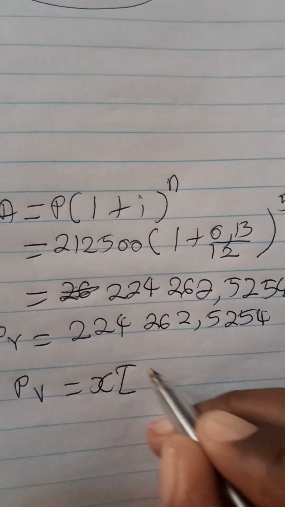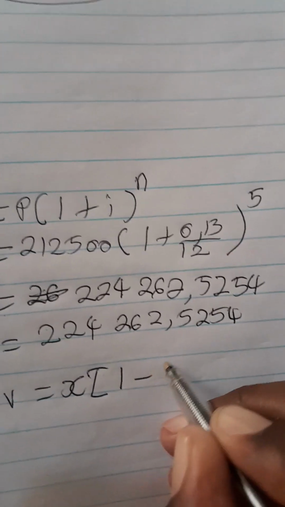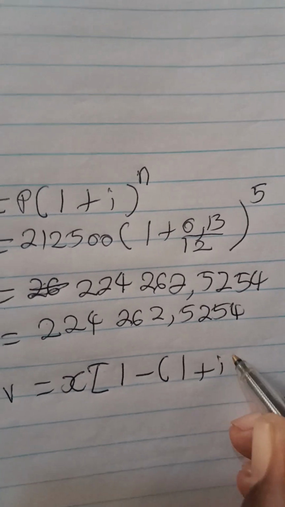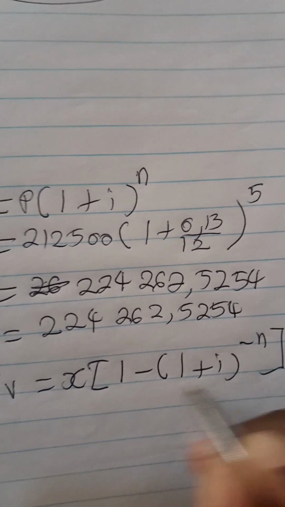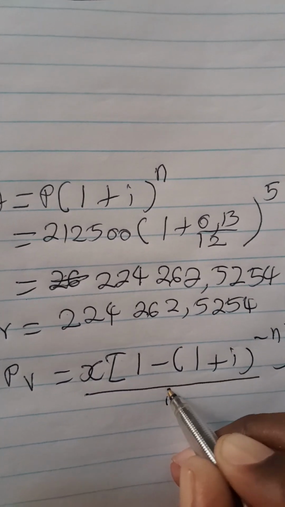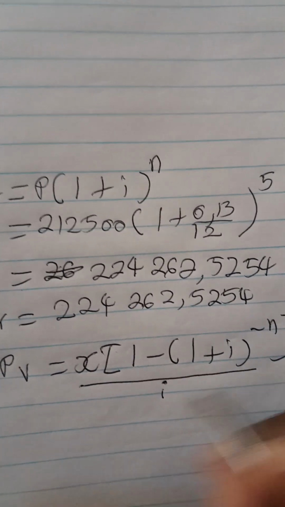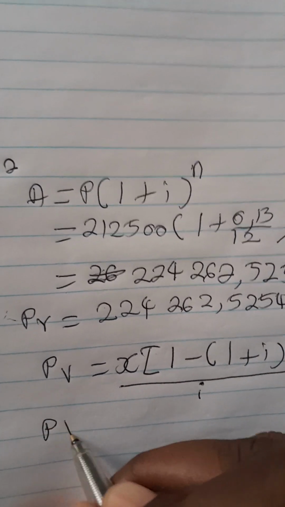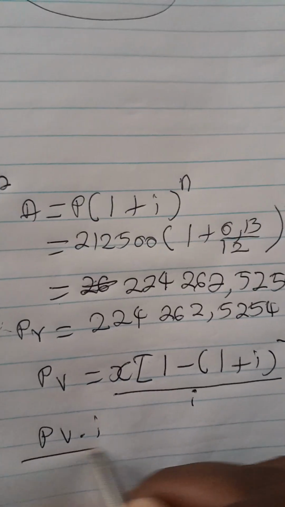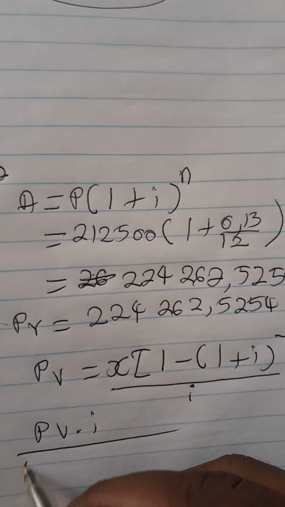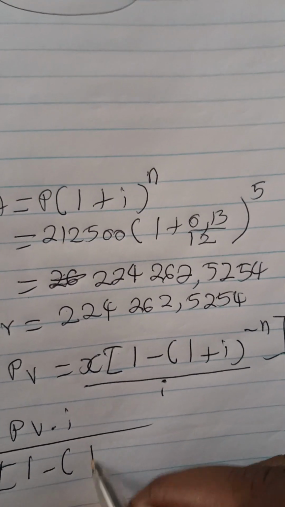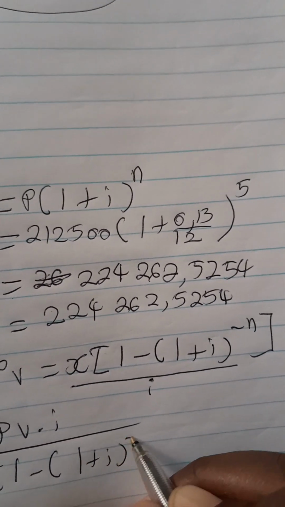Since we are looking for the monthly installment, remember that the present value formula states that PV equals X times (1 minus (1 plus i) to the power of negative n) divided by i. Our aim is to make X the subject, so we multiply both sides by i. We are going to have X equals PV times i divided by (1 minus (1 plus i) to the power of negative n).